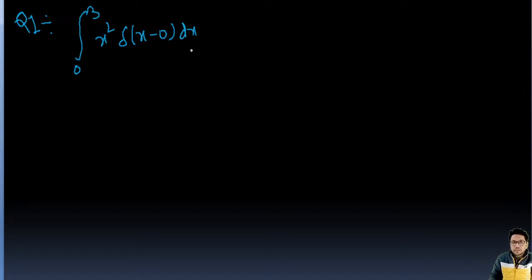Question number 1: you need to find the integration from 0 to 3 of x square delta(x minus 0) dx. You need to find the value of this. There is a property which I explained earlier in the last class, that is the integral of f(x) delta(x minus a).